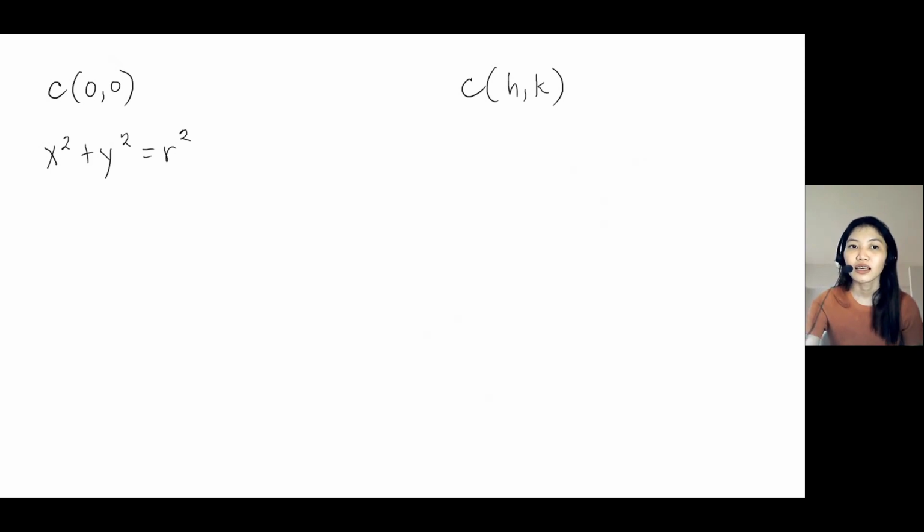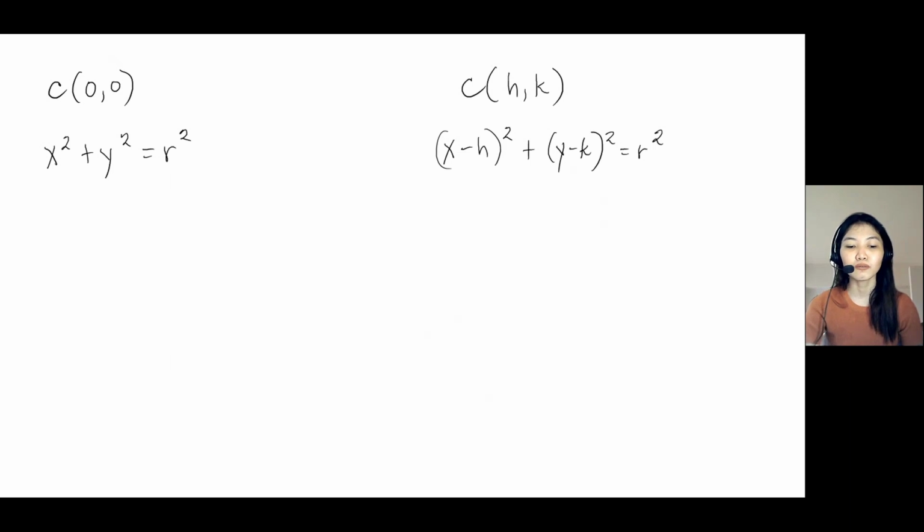But if the circle has the center with coordinates of h and k, the equation of the circle will be (x minus h) squared plus (y minus k) squared is equal to r squared.